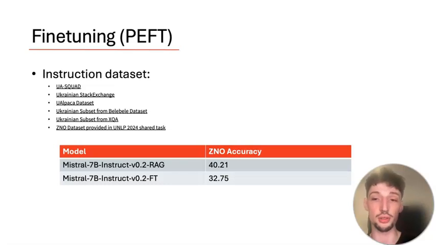It is important to note that in correlation with the shared task team, we used parameter-efficient fine-tuning so that we keep the hardware requirements as low as possible. We noticed better performance than the out-of-the-box model, but the RAG approach was still better.